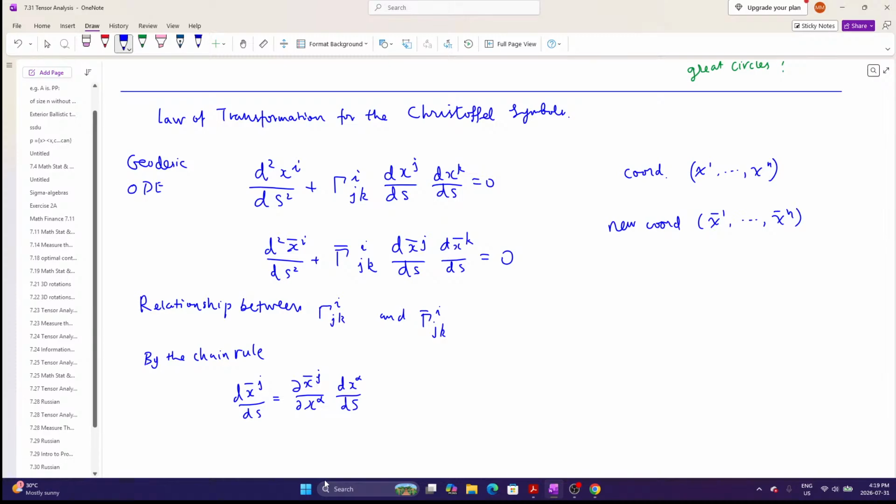So you have that. And what about the second derivative? Well, the second derivative is awkward because you need to use a product rule here.